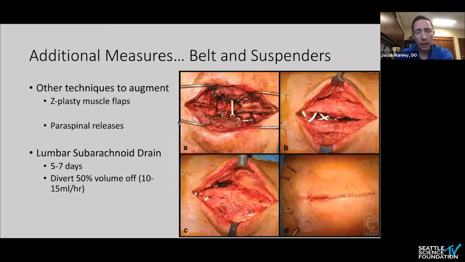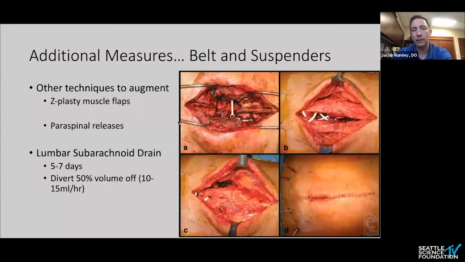So other things that you can do, you can perform a xeroplasty of those muscle flaps to rotate them down into the defect, especially if you have a large laminectomy wound or a lot of scar tissue. You can perform a paraspinal release, as you see in figure C, where they've released those paraspinals to allow for a watertight fascial closure to withhold the cerebral spinal fluid.